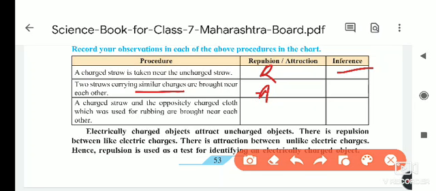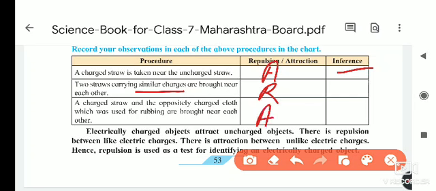If like charges come close to each other, they repel each other. So here is attraction, here is repulsion, and here is also attraction.